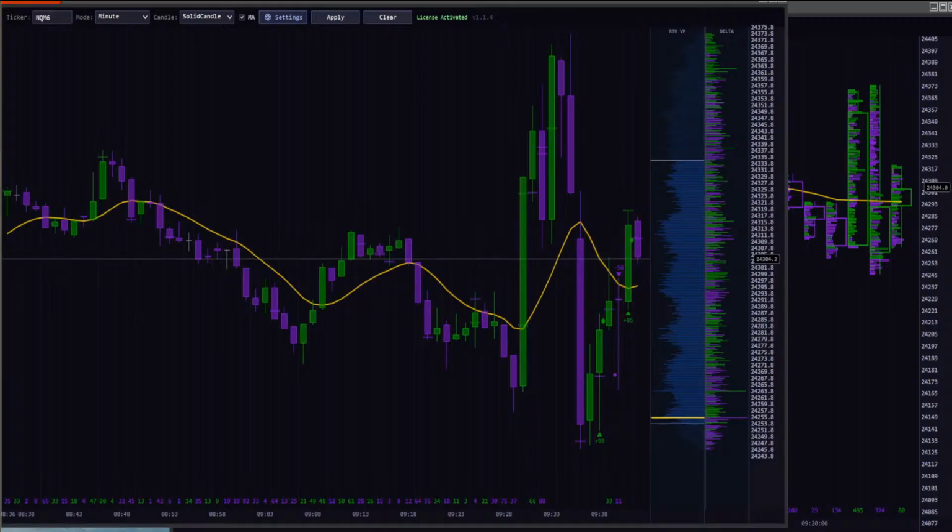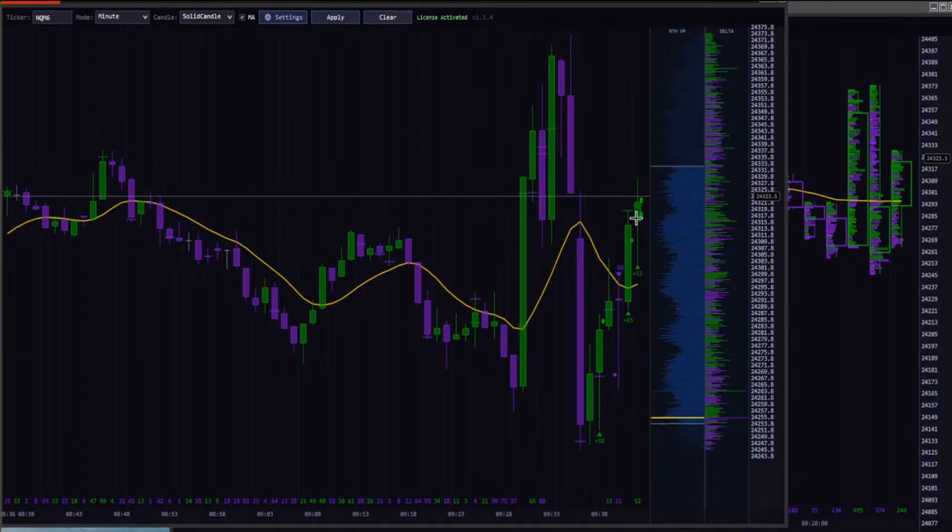We're right here in the middle of consolidation. 5 minute delta is 196. We got stacked buy imbalances. We got another delta surge. All right.